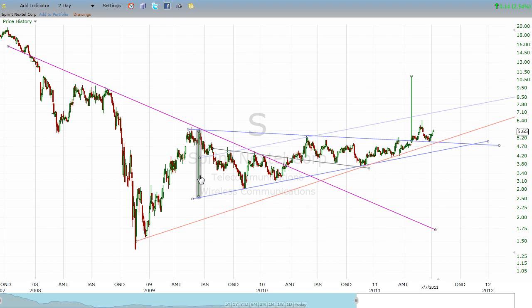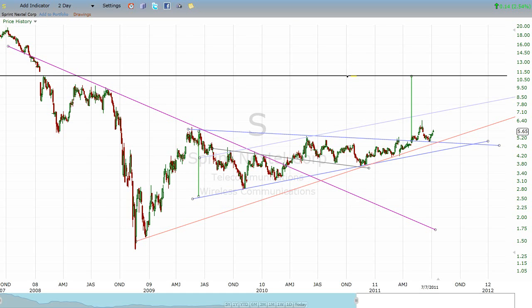With a symmetrical triangle, you take the height of the pattern at the widest point off the first reactive move, which is back here in 2009, and you add that height on to the spot of the breakout. So in the case of Sprint, we've got a target of about $11, maybe just a little bit shy of $11 a share.